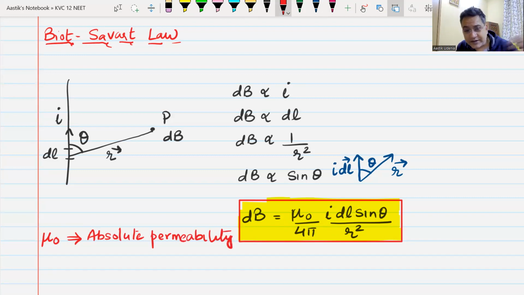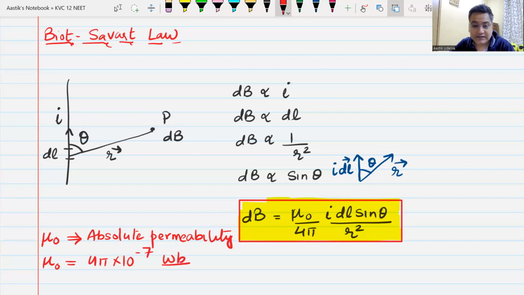For different mediums, we had different dielectric constants. For different mediums, we have different absolute permeability. We have relative permeability and so on. What is the value of this mu naught by 4 pi? The value of this mu naught by 4 pi is 10 raised to the power minus 7, and the unit can be written in different ways.